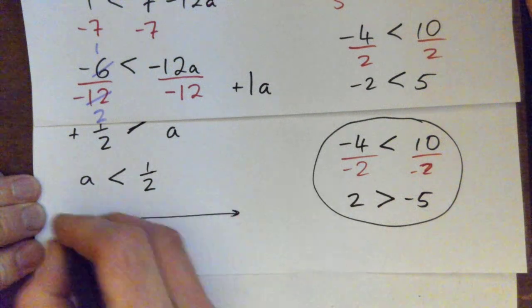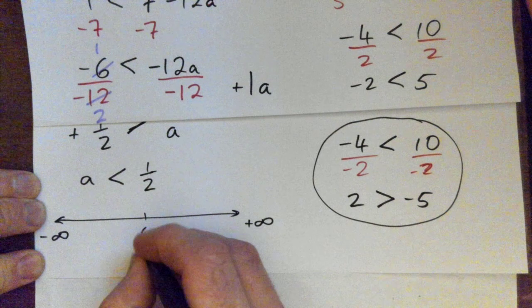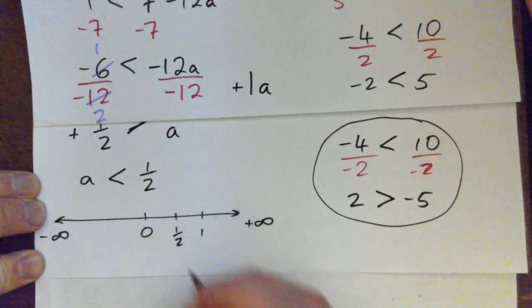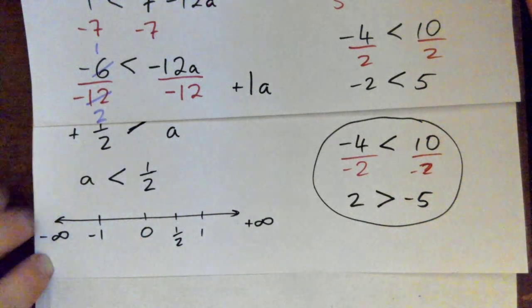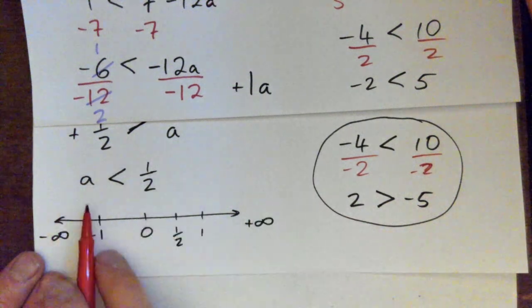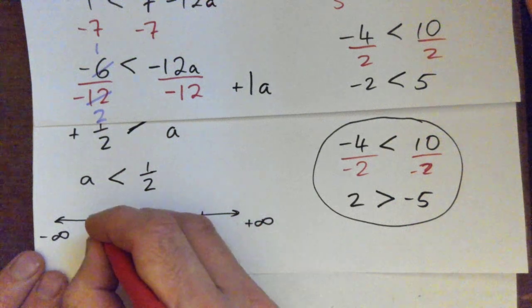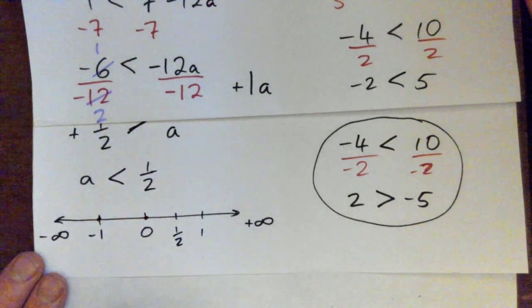Here's the number line. It goes from negative infinity to positive infinity. Here's 0. Here's the number 1, and here is 1/2. Here is negative 1. Now, a is less than a half means all numbers less than a half. A represents not just one number, not just 0 or negative 1 or negative 2. It represents all numbers that are less than a half.